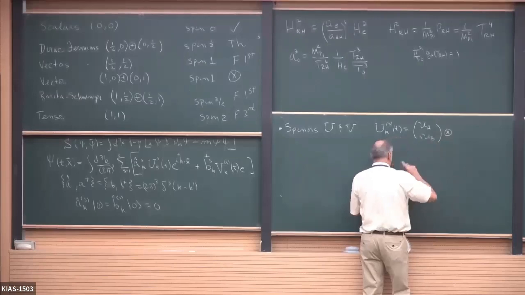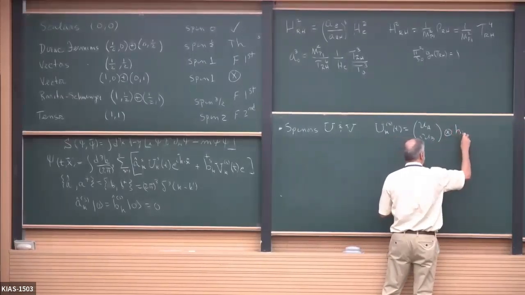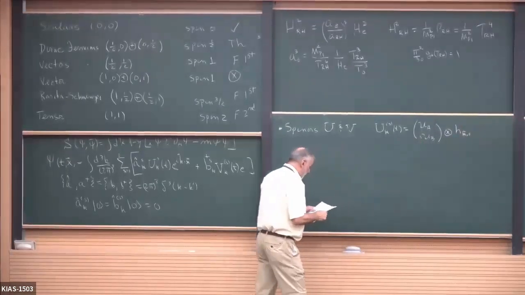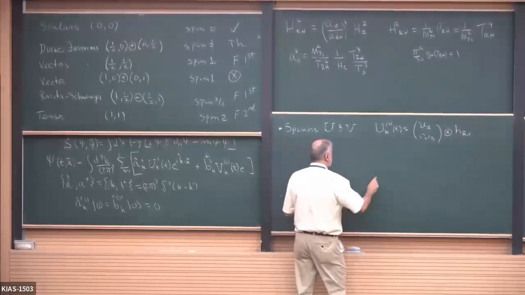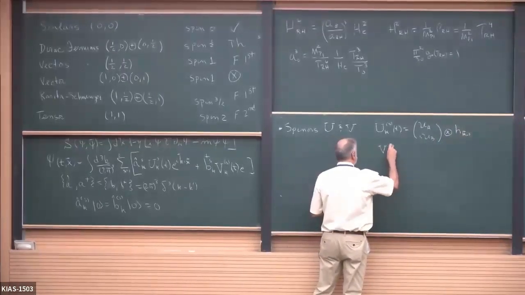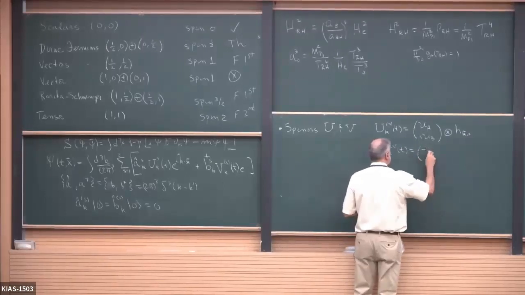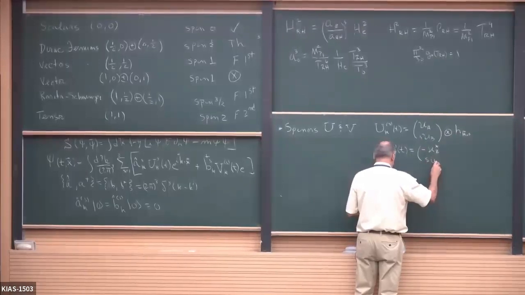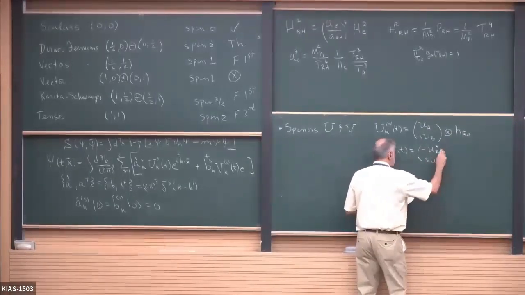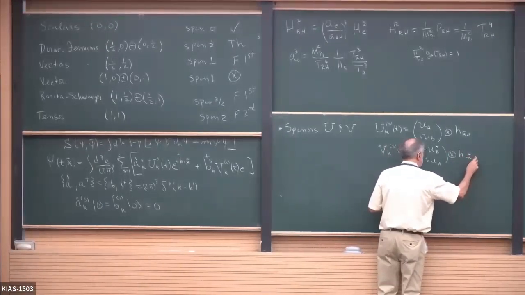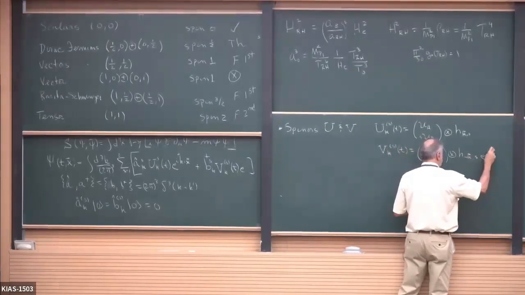And an outer direct product with some helicity spinor. So that would be U. And I guess there's a phase here.